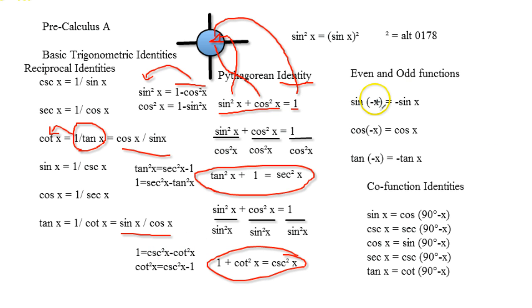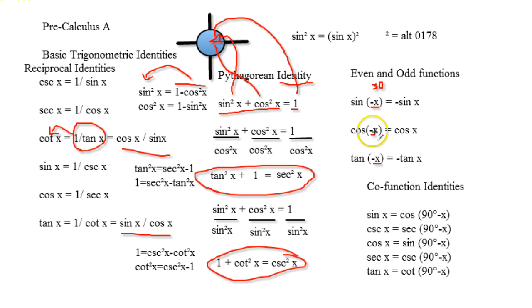Okay, now the even and odd functions are what happens if I plug in a negative angle in here. If I plug in a negative x or negative whatever, it's the same as if I did the negative of the sine of that. So let's say I pick 30. Sine of negative 30 is the same as the negative of sine of 30.